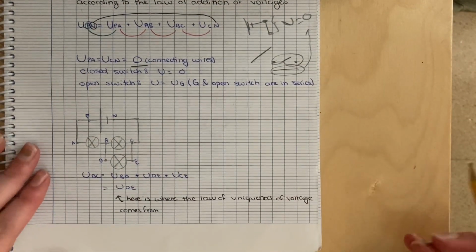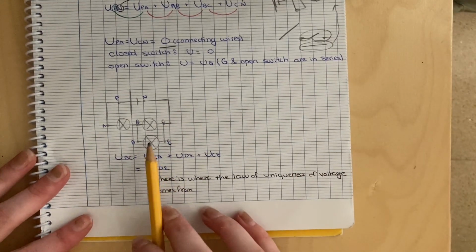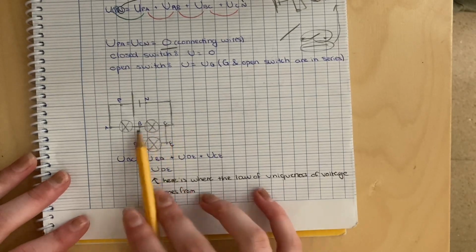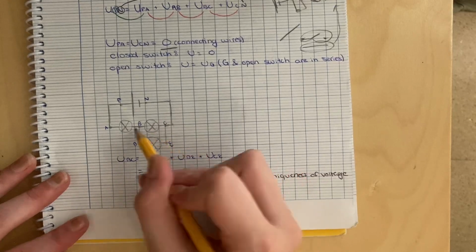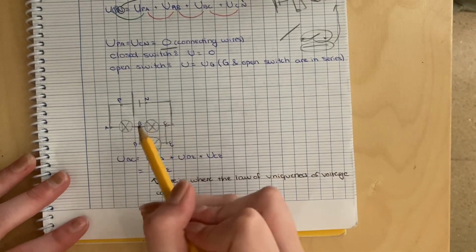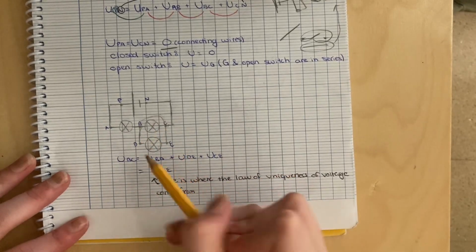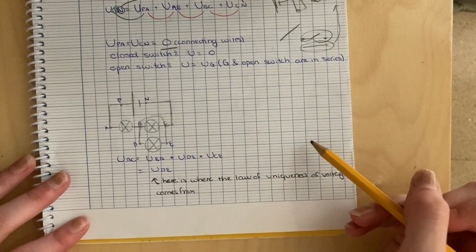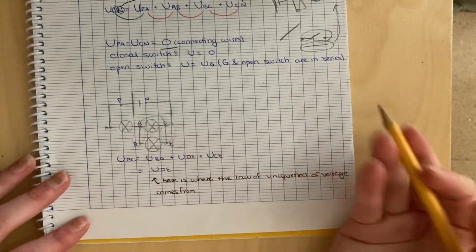Back to my notes. This is where the law of, okay, so in parallel, UBC, the voltage across between these 2 points is going to be BD plus DE plus EC. So BD and CE are connecting wires, right?